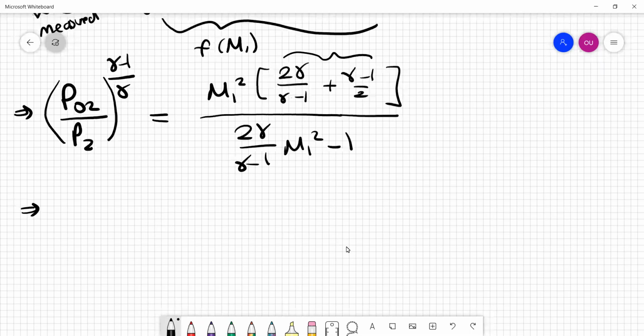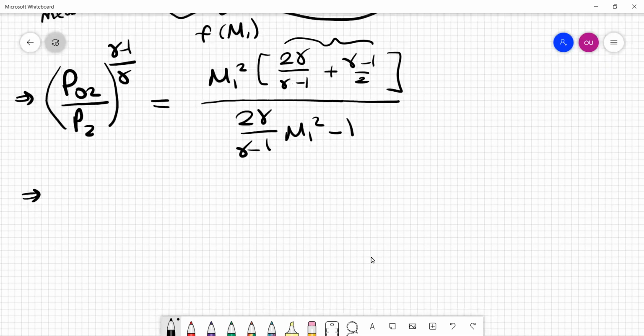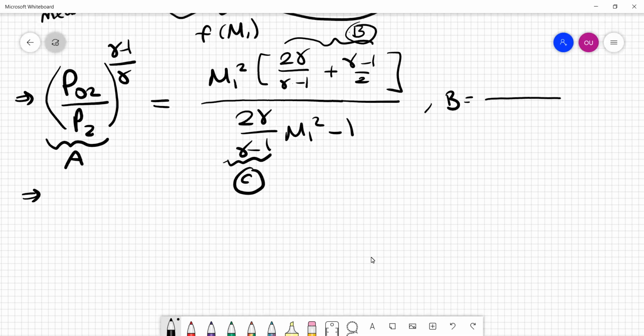And now we do a simplification here. To have a simpler looking equation, we call this term A. We call this term B, and we call this term C. And by the way, B, after doing this addition, looks like this: 4 gamma plus gamma minus 1 square divided by 2 times gamma minus 1.